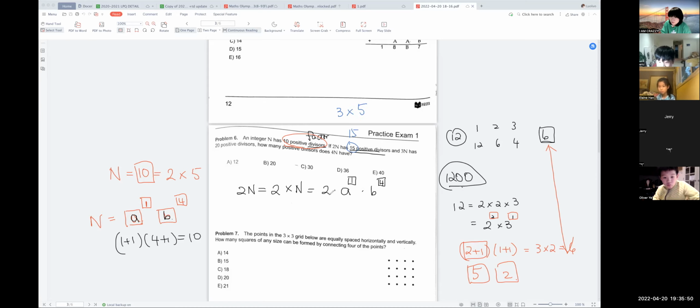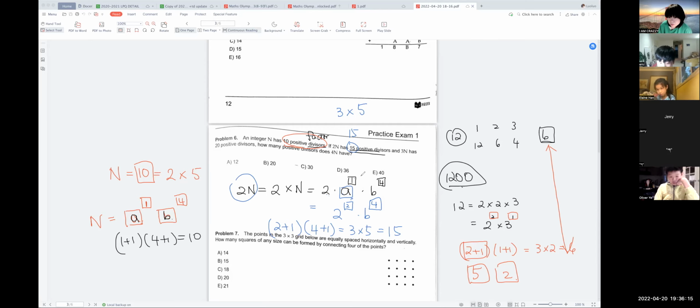So immediately I know A equals 2, because 2 times 2 to the power 1 equals 2 squared times B to the power 4. So the number of factors 2n has is (2 plus 1) times (4 plus 1) equals 3 times 5 equals 15.